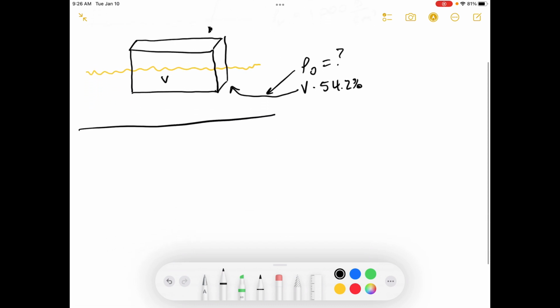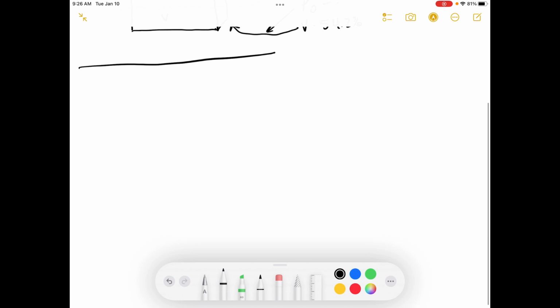So now let's do our force balance. So we've got our block here, and we've got the buoyancy force. So this is a buoyancy force of the water on the block.